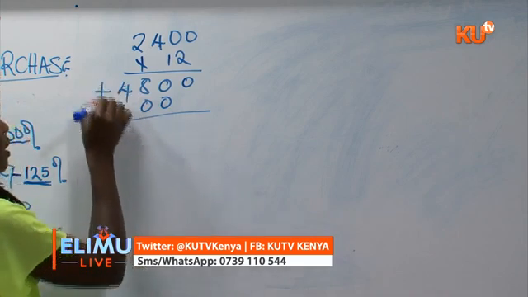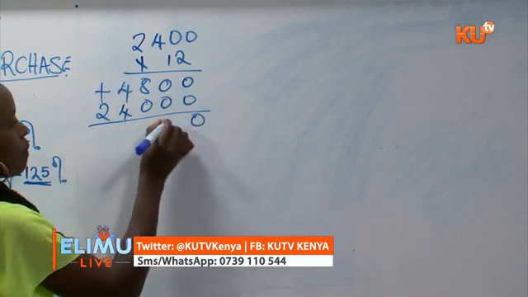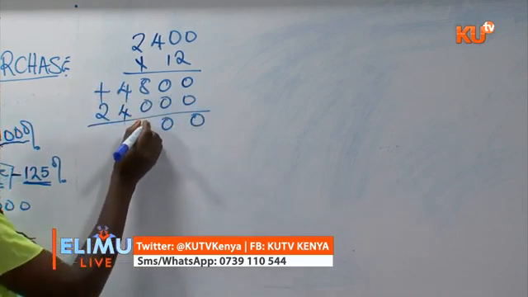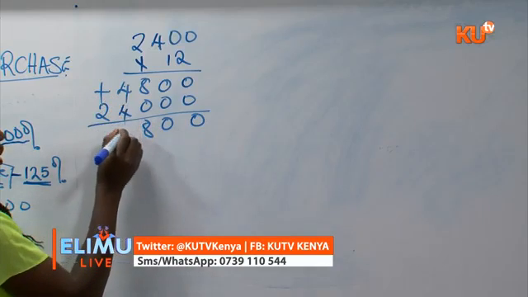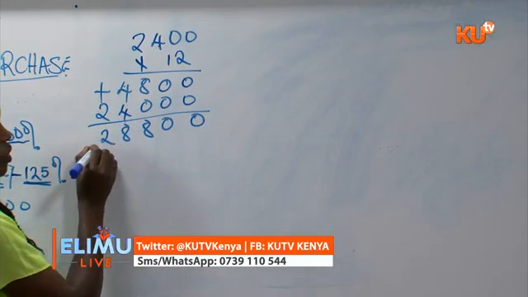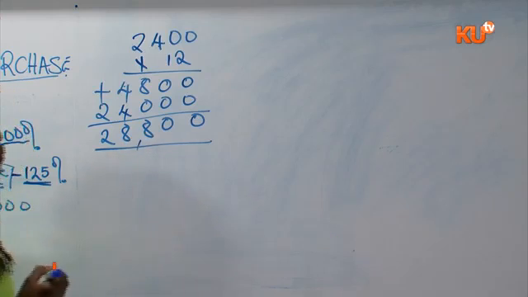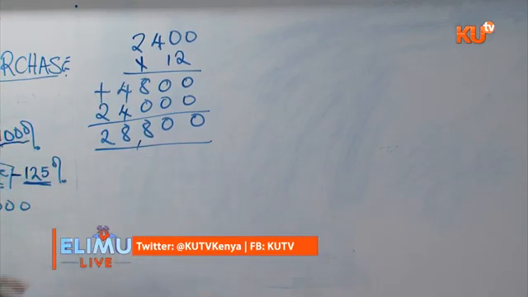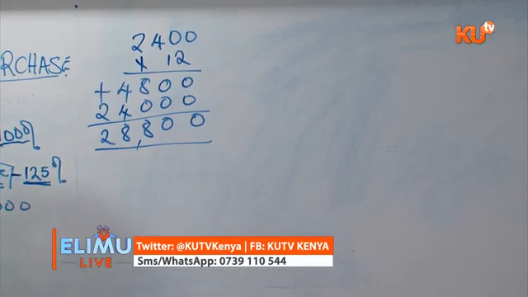We add, 8 plus 0 is 8. We get 8, we get 2. So the total monthly installment was 28,800.